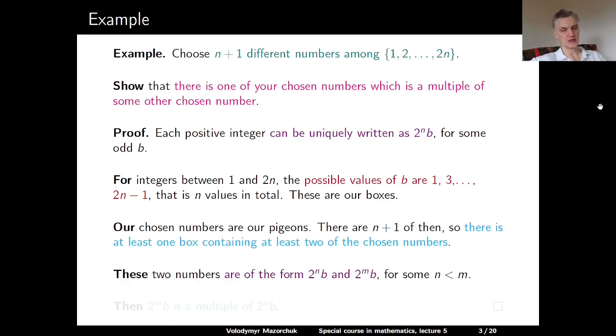So these two chosen numbers should have the form: one of them is 2 to the power n times b and the other one is 2 to the power m times b, where n and m are two different numbers and we can say that n is smaller than m. But in this way, of course, 2 to the power m times b is a multiple of 2 to the power n times b. And this completes the proof of our problem.